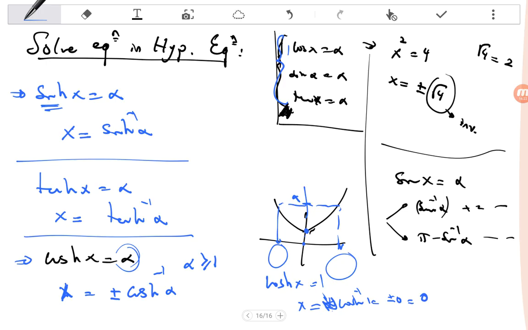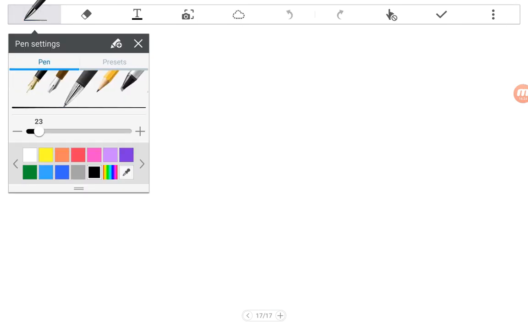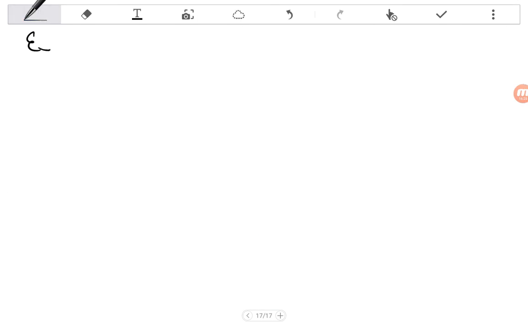Now let's solve this equation: 3 sine x plus cosine x equal to 0. We learned before in trigonometric equations, and we will use the same skills here.